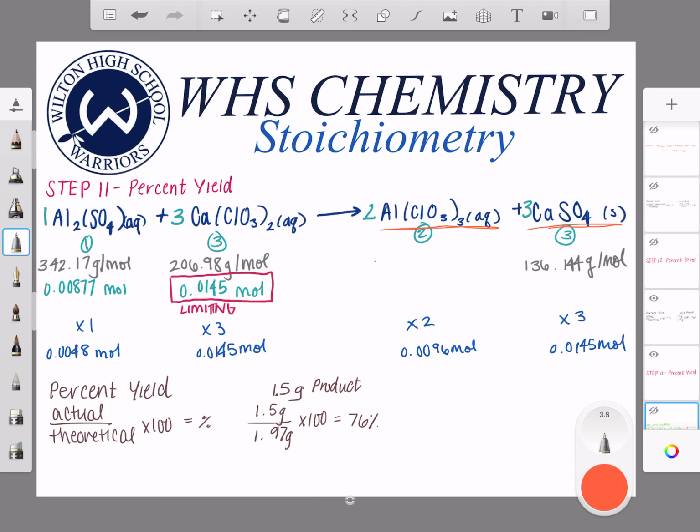So the actual value is 1.5 grams of product, and the theoretical one, or the one we calculated with the stoichiometry, was 1.97 grams of the solid. So we do 1.5 grams of the solid, which is the actual amount, and you divide it by the 1.97 grams, which we calculated based off our stoichiometry, multiply it by 100, we get 76% yield.